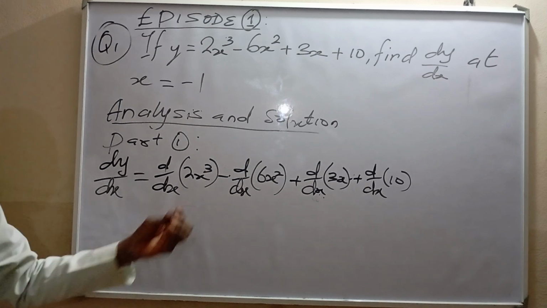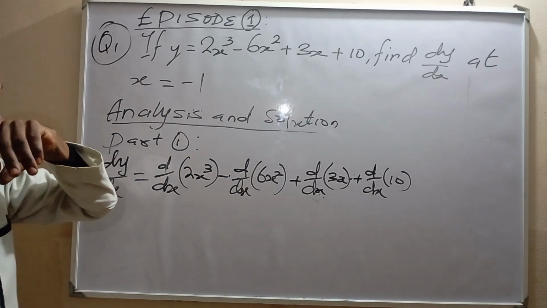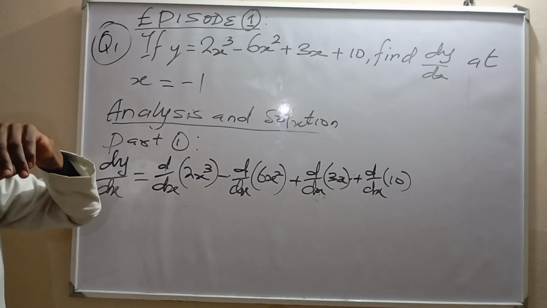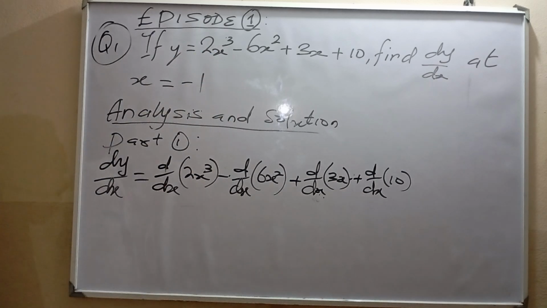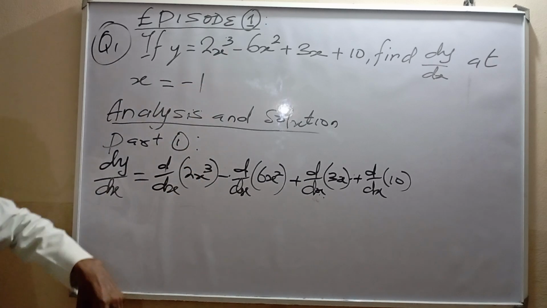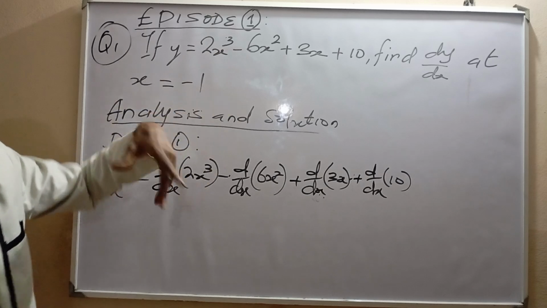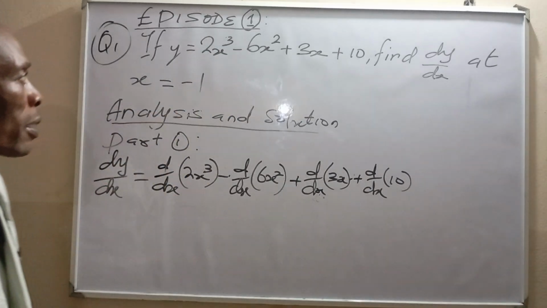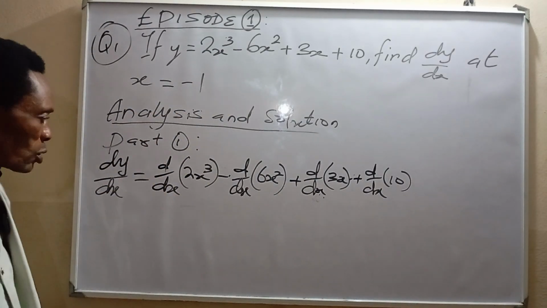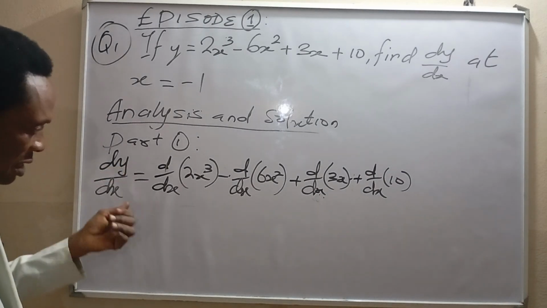This is an example of differentiation by the polynomial approach, because you can see that the highest power here is 3. Anything where the degree is more than 2, you mostly use the word polynomial. Now we are asked to differentiate with respect to x.